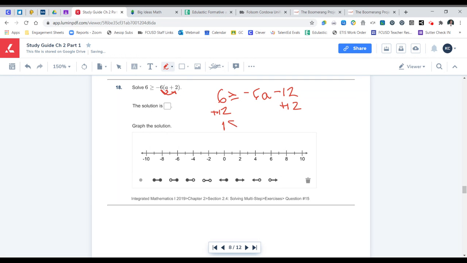And we get 18 is greater than or equal to -6a, and divide by that -6. And don't forget to circle this. We're going to reverse it. a is on the greater than side now, equal to -3. And I'm going to flip that around so that it's easier to graph. That's going to be a solid dot at -3 and an arrow to the right.